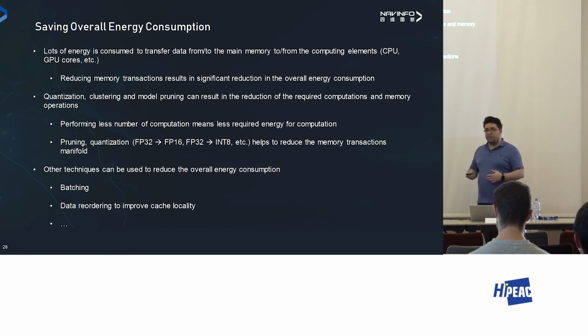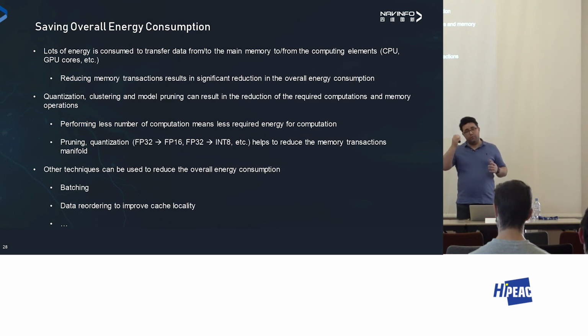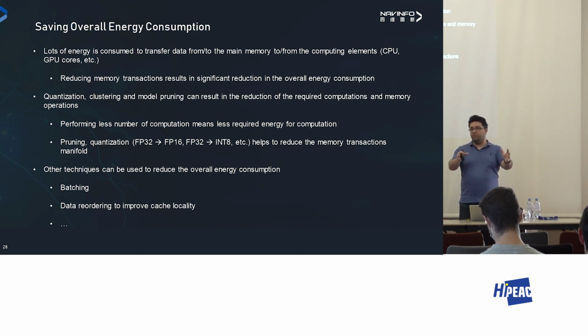We have other techniques to also reduce the overall energy consumption. For instance, batching the model. Batching means that instead of inferring on one image, you merge 8 or 16 of them together, and then you do the inference for that batch of images.